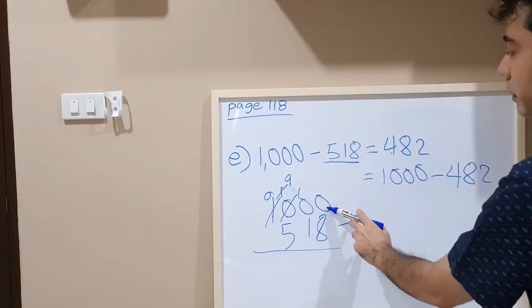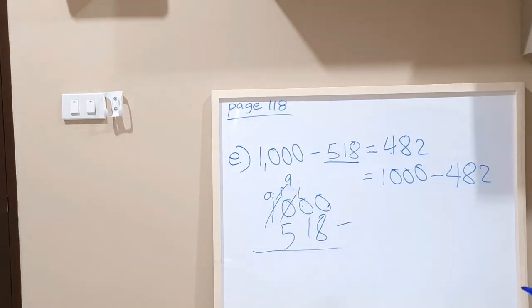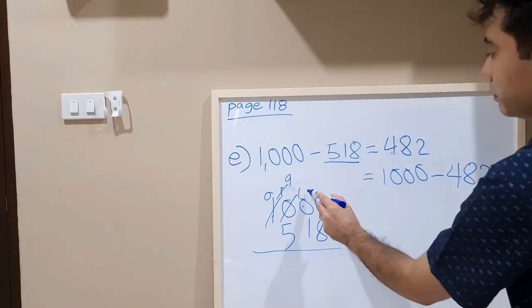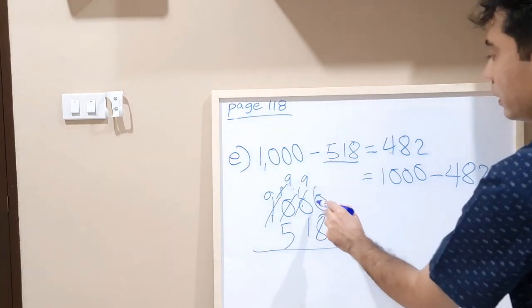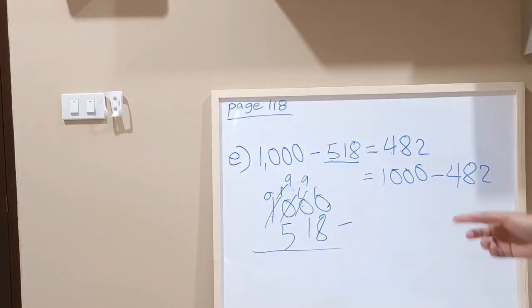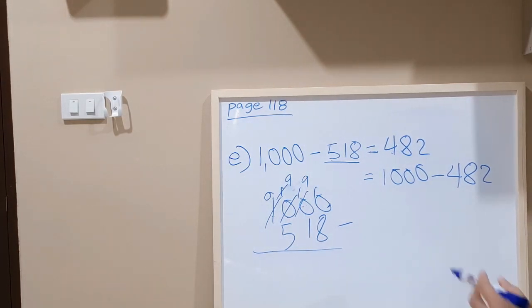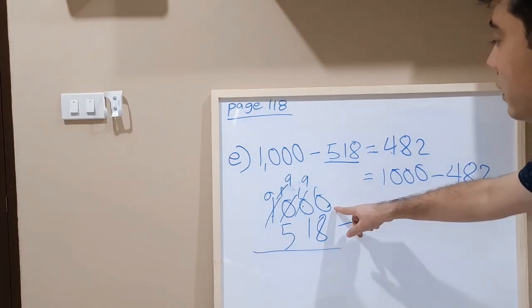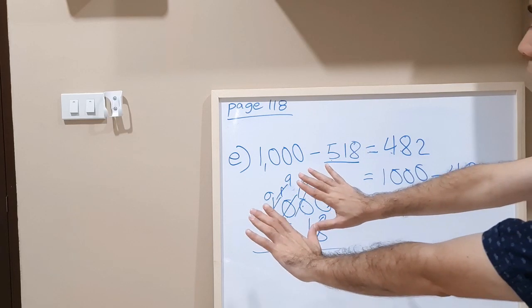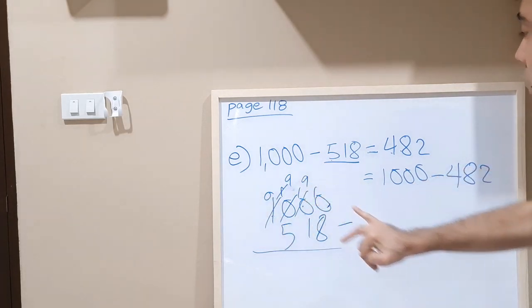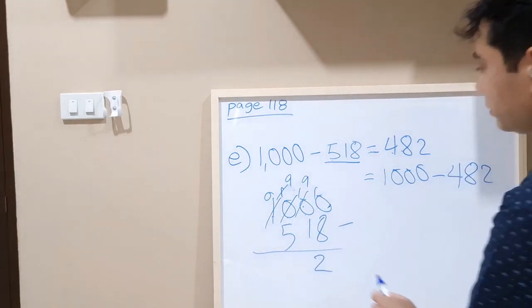Now, the ones place can borrow from the tens place. So the tens place will become 9. And then the ones place, the 0, will become 10. So 10 take away 8: 5, 6, 7, 8, will give you 2.